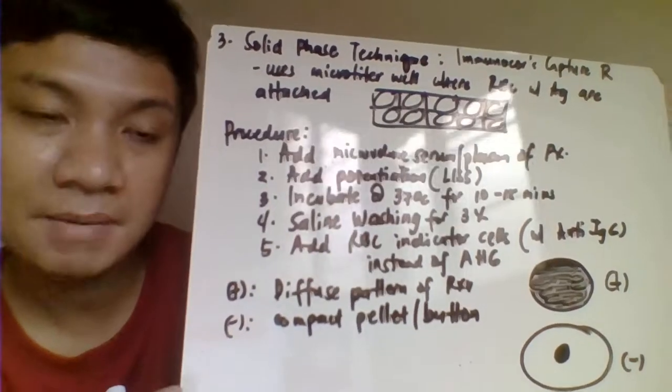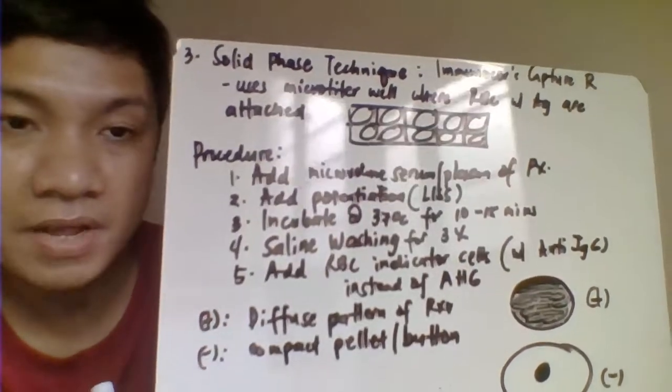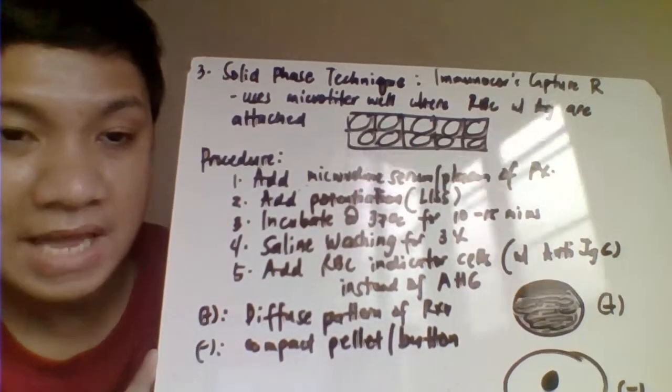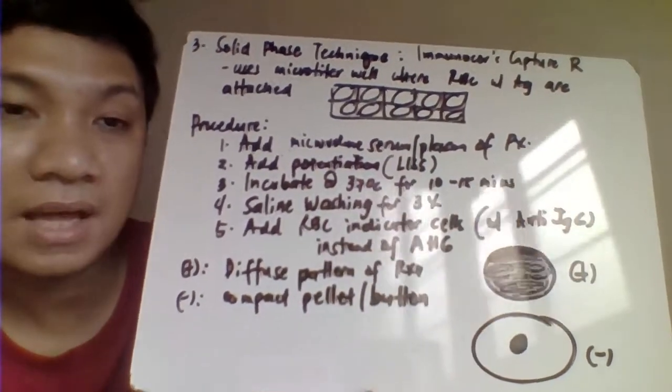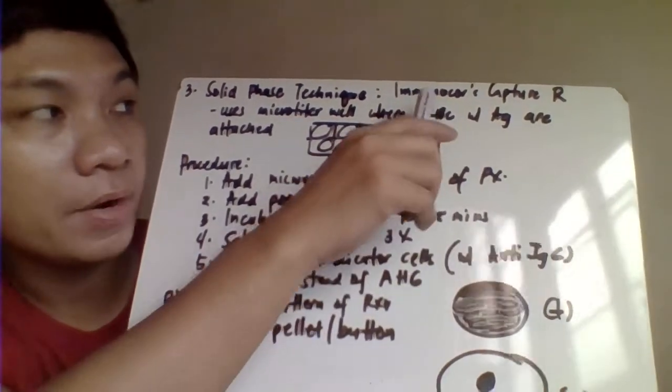Okay, the last method here for the antibody panel identification is the use of your solid phase adherence technique. An example of that is being utilized by the brand Immunocore.